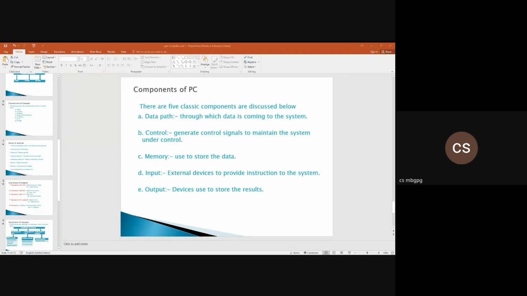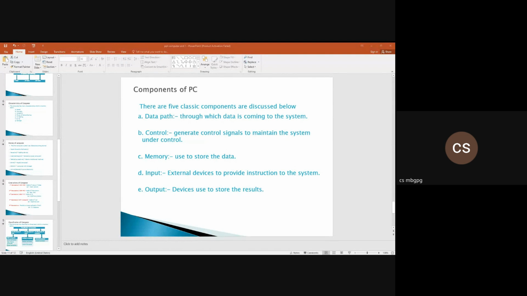According to access time and according to cost, we have introduced a hierarchy that is called the memory hierarchy. That depends on your access time and your cost per bit of storage.